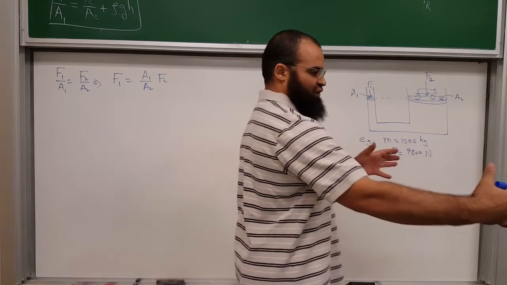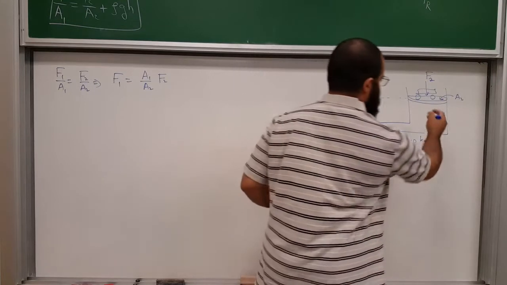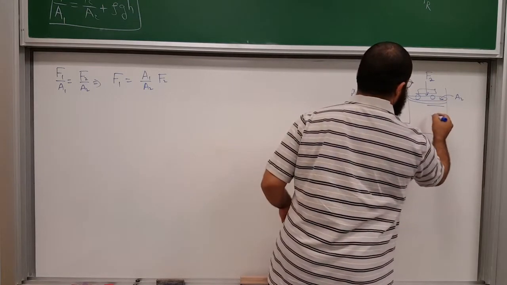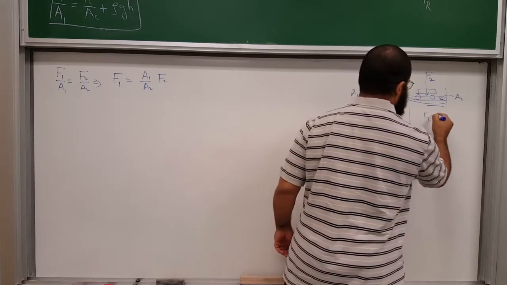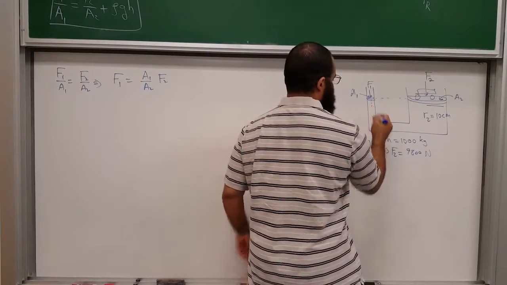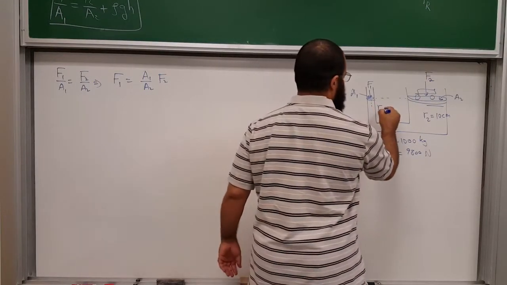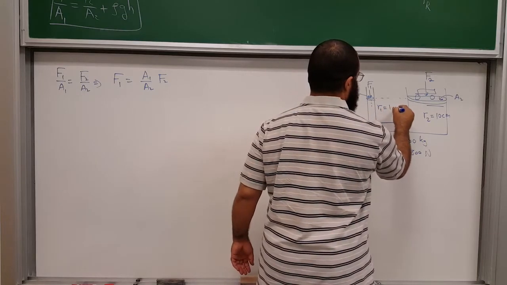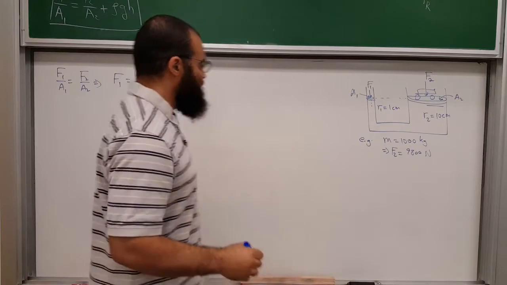Let's say the side where you put the car has a radius R2 of 10 centimeters. Here, the radius will typically be smaller. Let's say R1 equals 1 centimeter.